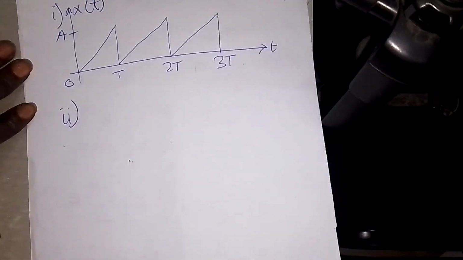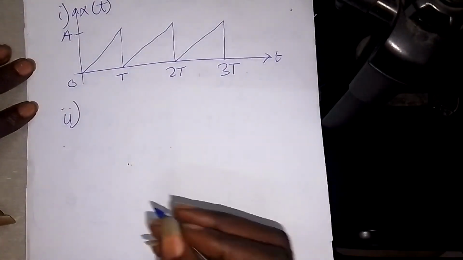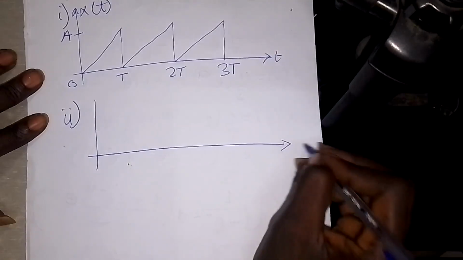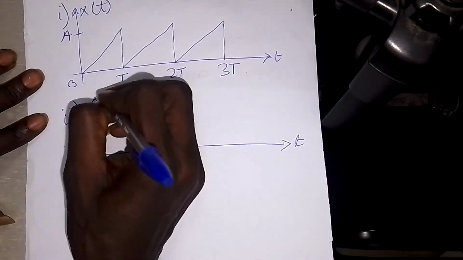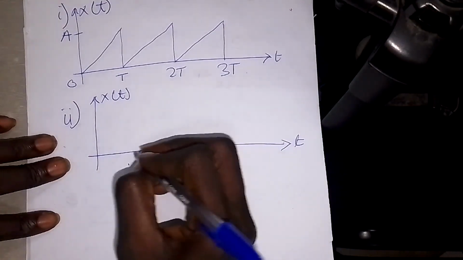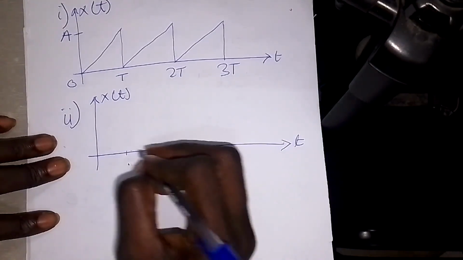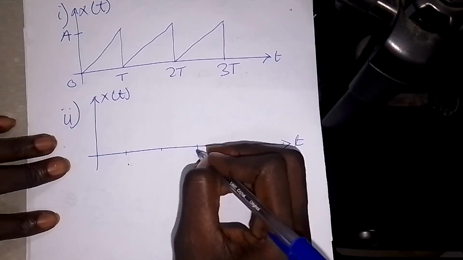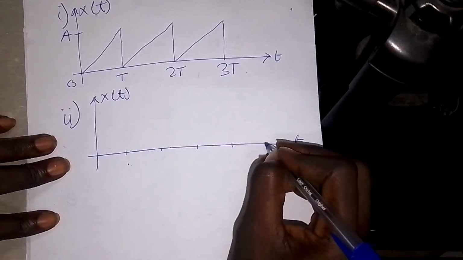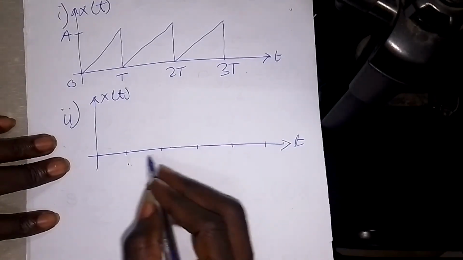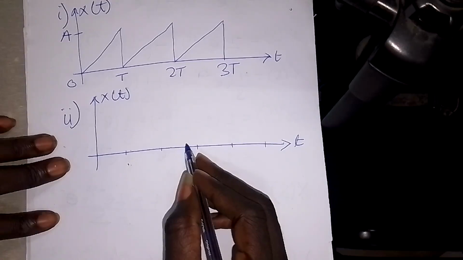And then the II. Okay, so for the II, we have this one, x of t. We have here, here, here, here, and here.